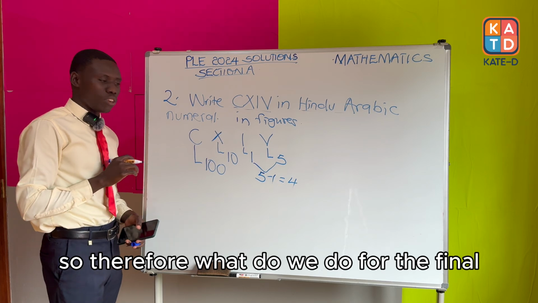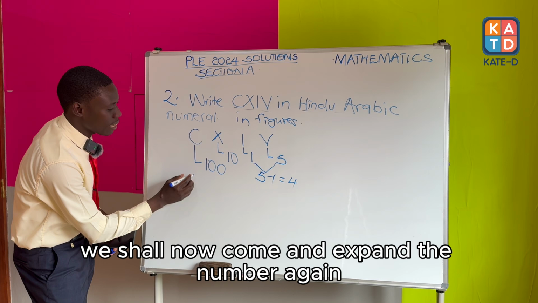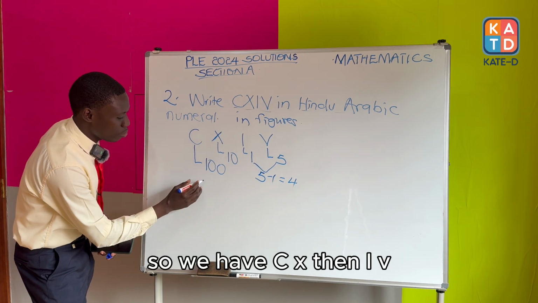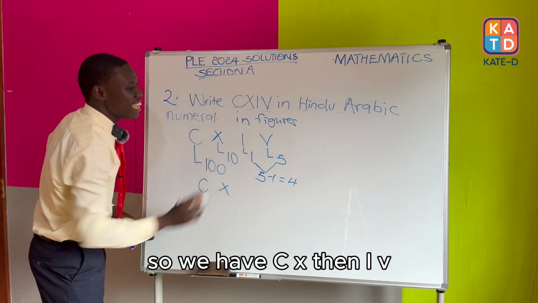So what do we do for the final step? We expand the number again with their respective values. We have C, X, then IV.